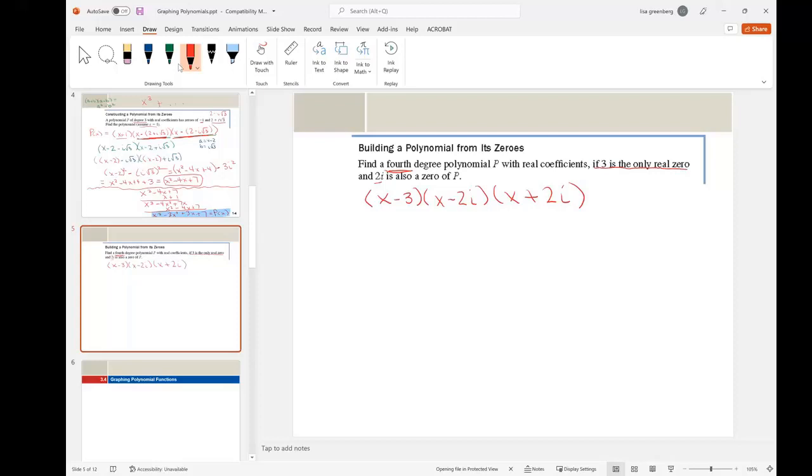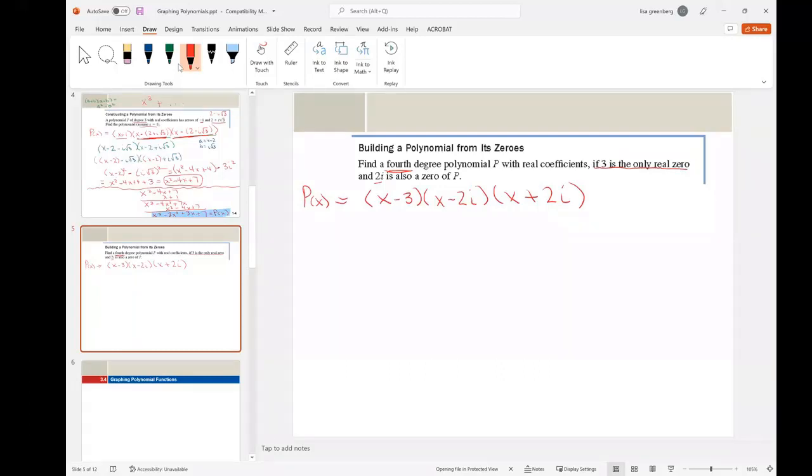And again, I'm still trying to construct my polynomial. But if I multiply these 3 factors together, what am I going to get? Am I going to get a 4th degree polynomial? I am not. I'm going to get a 3rd degree polynomial. So, what am I going to do?